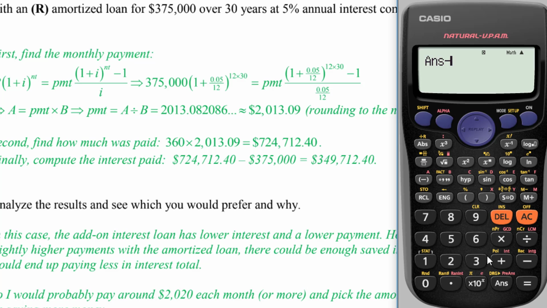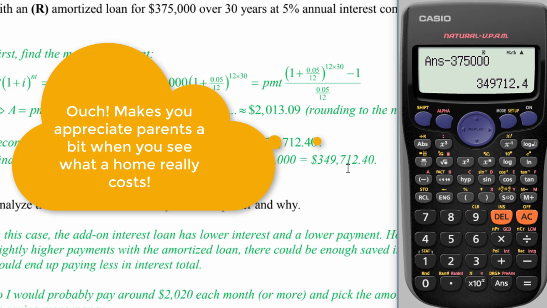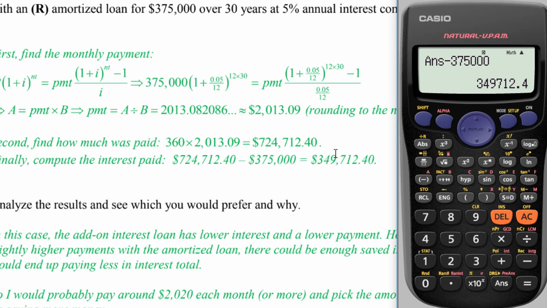If I subtract the amount I borrowed, which was the $375,000, you'll see I ended up paying interest of $350,000. So this gives you an idea of how you can use the math in the real world.